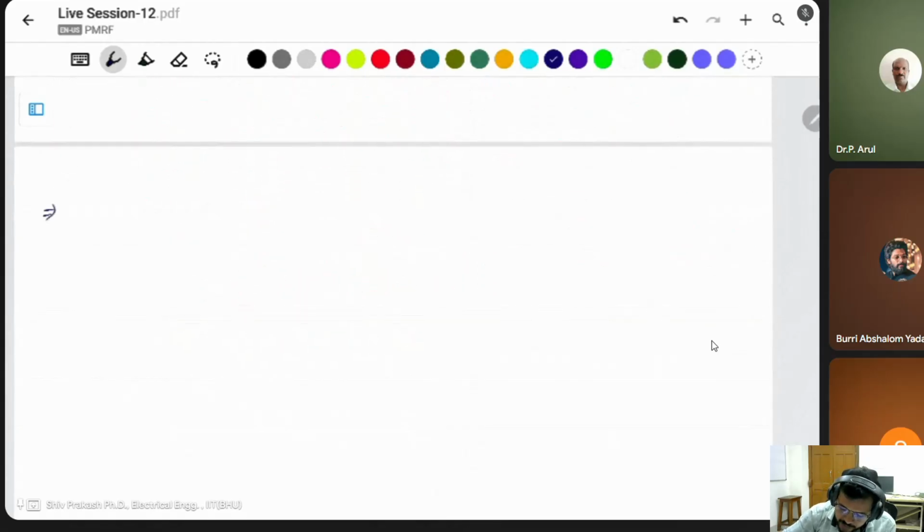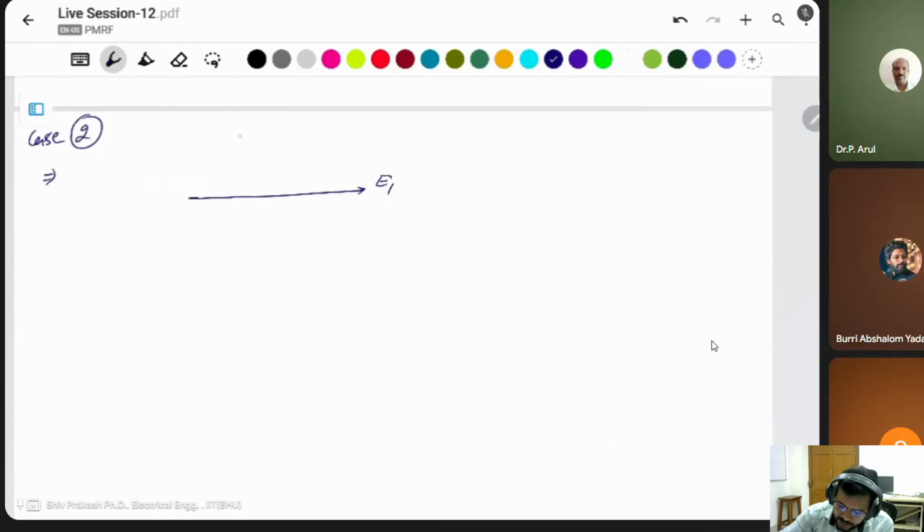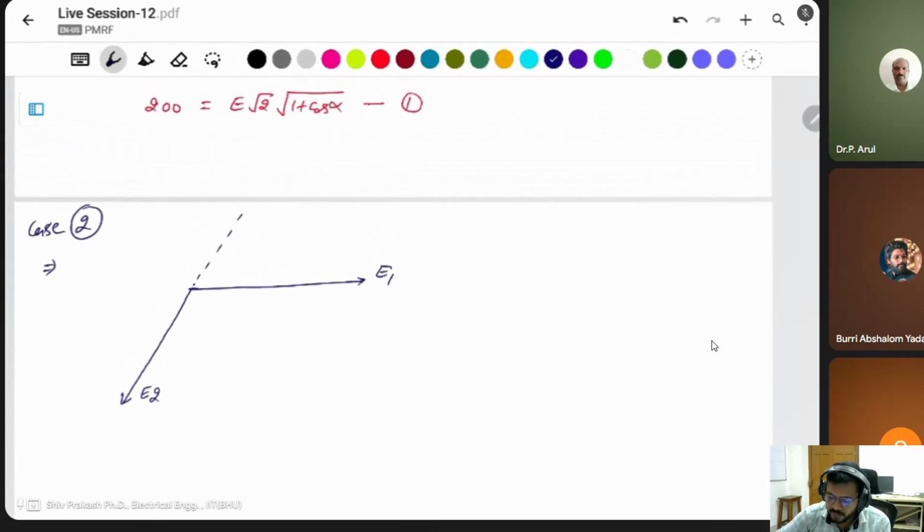In that case, we can put minus E2, or we can take the angle, which is 180 plus alpha.